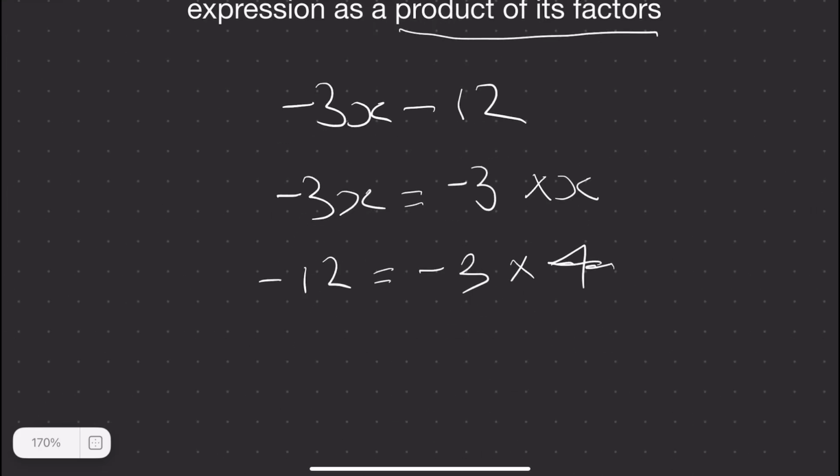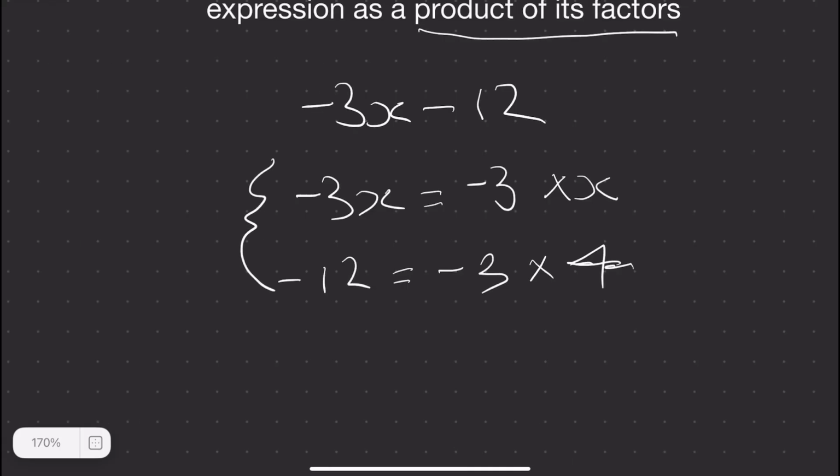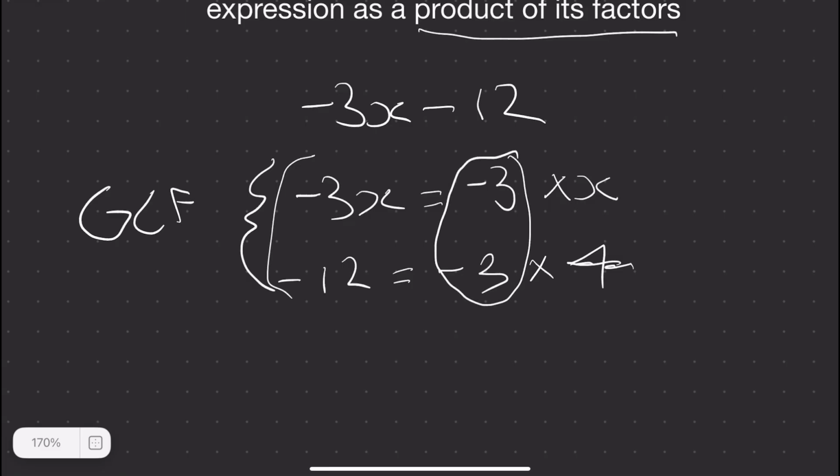And we want to get the GCF of them now, which is the greatest common factor. Right away we can see that the GCF of these two terms is going to be negative 3, as it is the greatest common term.